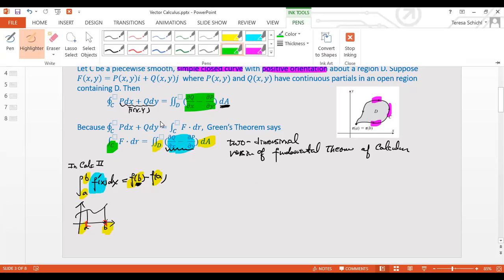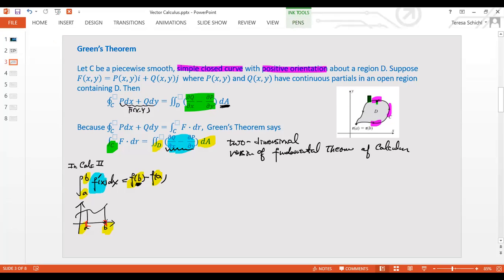That's why we say it's similar, the two-dimensional version of the fundamental theorem of calculus. You are integrating this, which is like your f prime of x, and then you use the boundary, which is bounded by the curve C here.